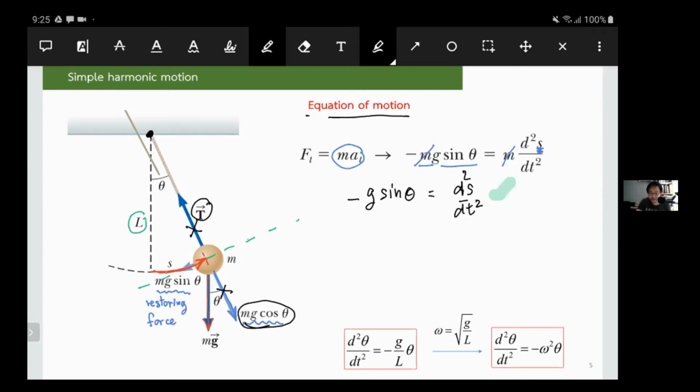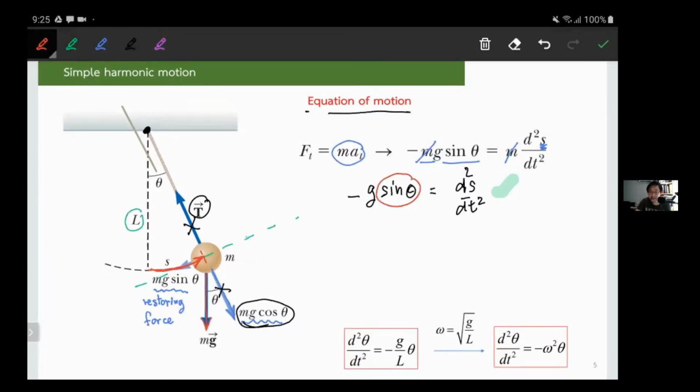But if you agree with me that when the angle is small, for small theta, sine theta is approximately equal to theta, that's the approximation we're going to use. Let's use it right here.